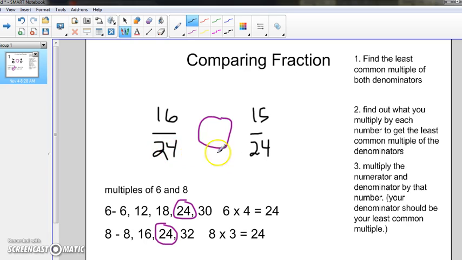This is 24ths, this is out of 24ths, so 16/24ths and 15/24ths. When you get those common denominators, you compare the numerators. Now it's easy to see which one is larger. The 16 in the numerator is greater than the 15, so 16/24ths is greater than 15/24ths.